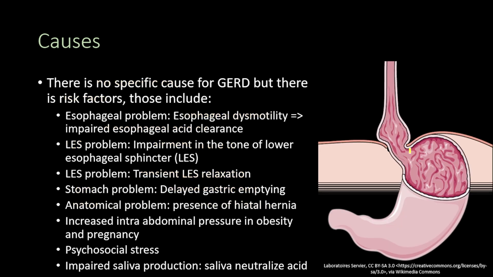And hiatal hernia is explained in this picture here. So normally we have the diaphragm here, and it is supporting the lower esophageal sphincter here. But in hiatal hernia, part of the stomach and the lower esophageal sphincter is moving up, and this is the part here.